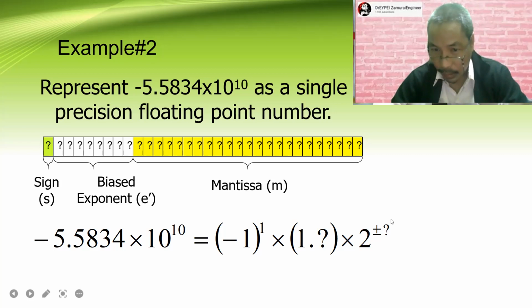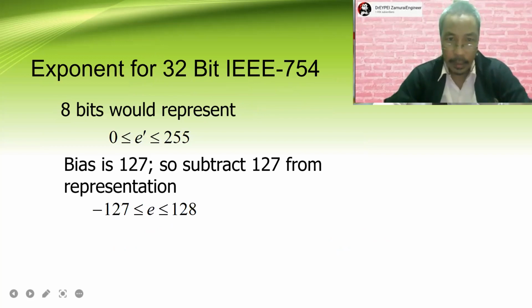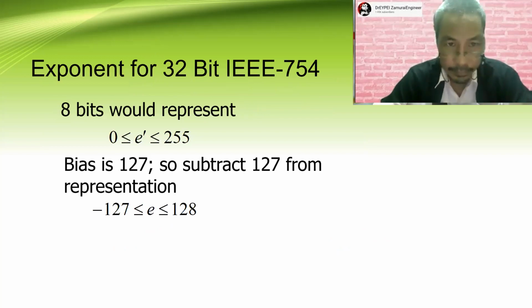How about the question mark here? That is the exponent. That exponent has something to do with this biased exponent. So let us take a look.